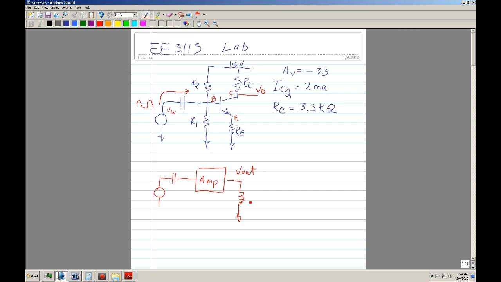This would be your speaker. You can have an 8 ohm speaker. And this could be your microphone, mic. So you feed in, and it comes out. So it goes in as weak, and it comes out as strong. Okay. Well, that's what this is. This is an amplifier.